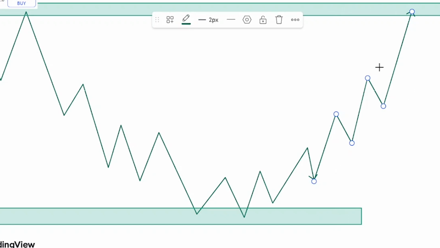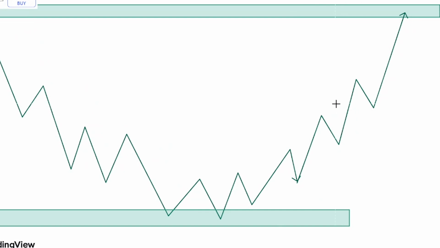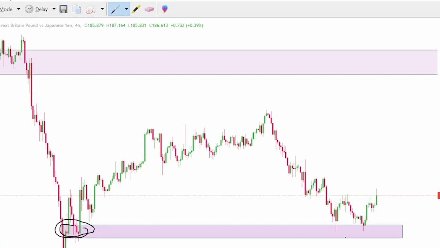Okay, so let's now move to the chart and see how we traded and took different trades from our previous weeks and months. Okay, here we have GBP Japanese. The market analyzed from reversing from this area, anticipating the market to be reversing to the upside.